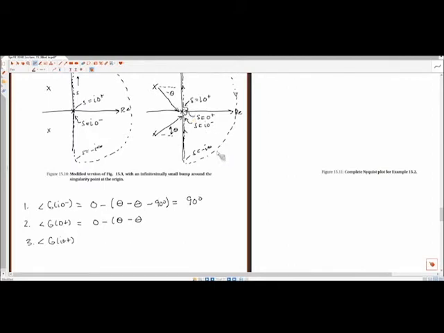So that's a phase angle of 0. So this is 0 degrees. Last one. Now we're evaluating all these vectors going to this point, S = i0 to the right. This is plus 90. So we're going to get a phase angle of negative 90.